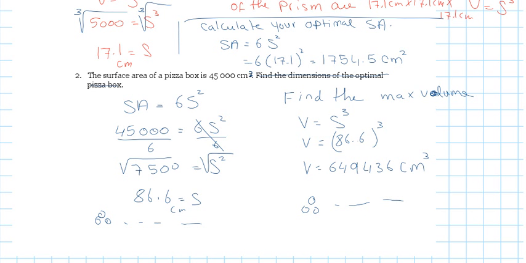Does that make sense? If I give you the same question, the surface area of a pizza box is this, and I say find the maximum volume, you need your optimal dimension. I didn't ask you the middle step, but you still have to do it.